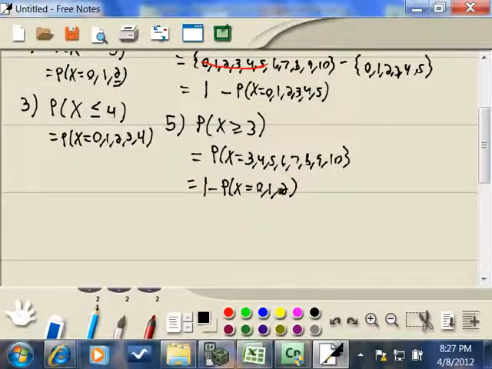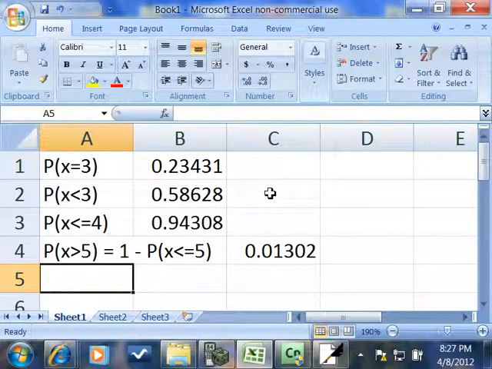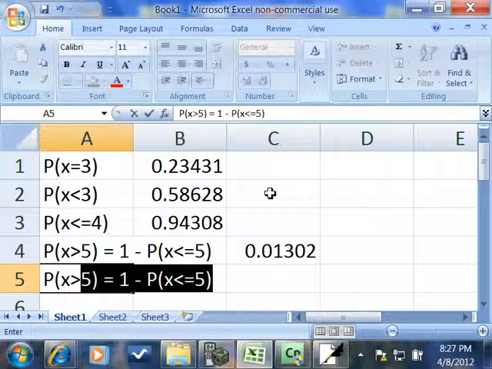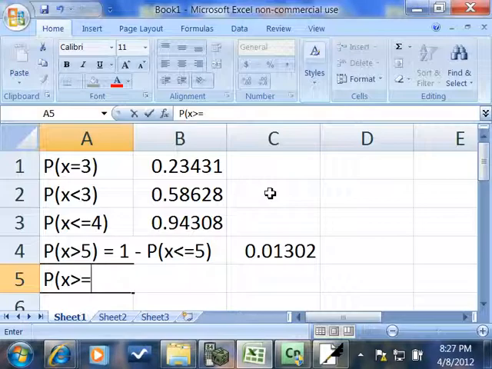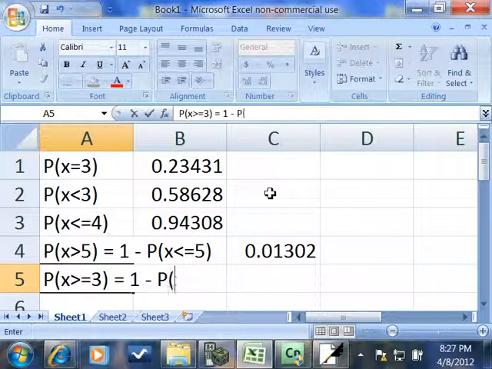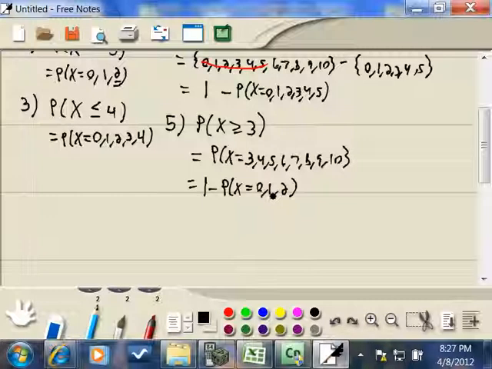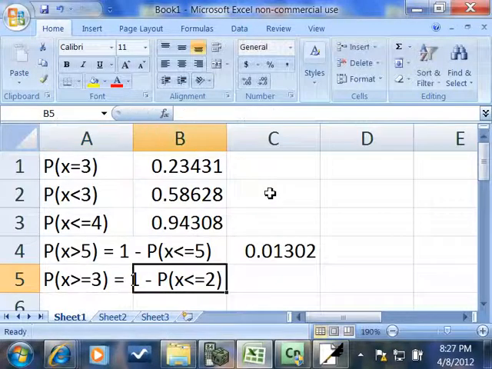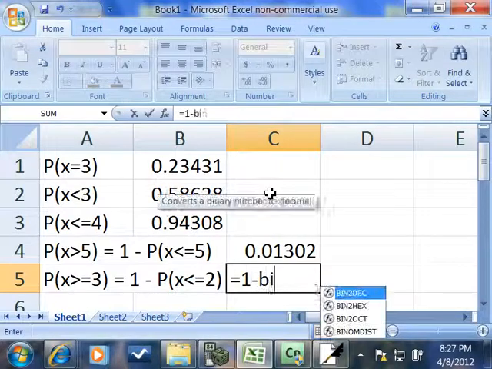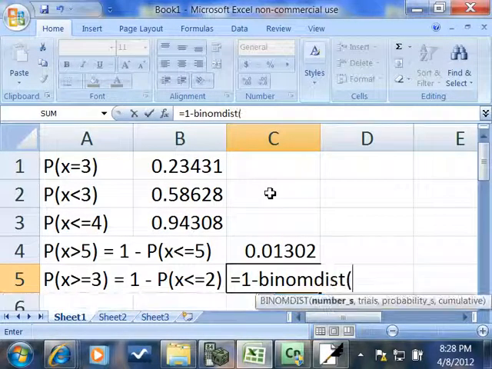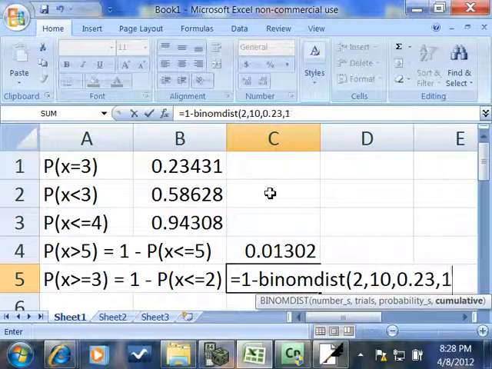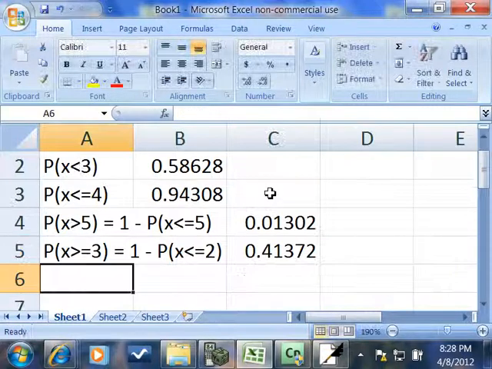And again, it's going from 0 up to a number now, so now I can plug it in. This one was greater than or equal to 3. 1 minus probability x is less than or equal to 2. So we'll do equals 1 minus binom distribution, and put 2 in, and then 10, and then 0.23, and then 1 for cumulative again.